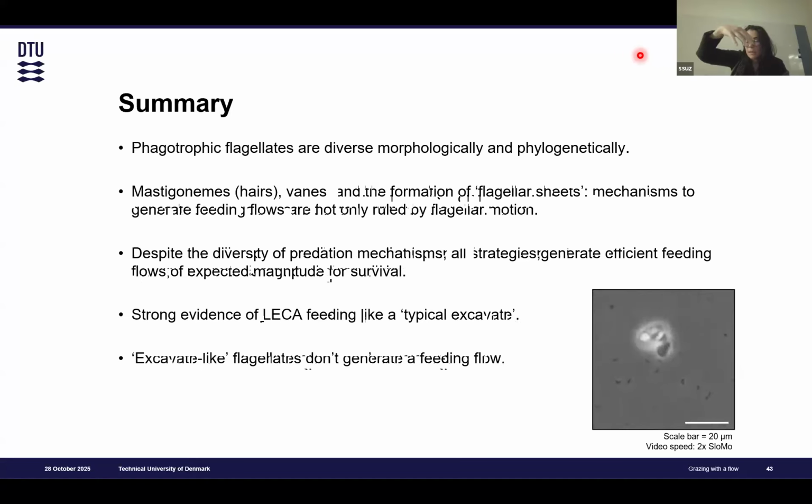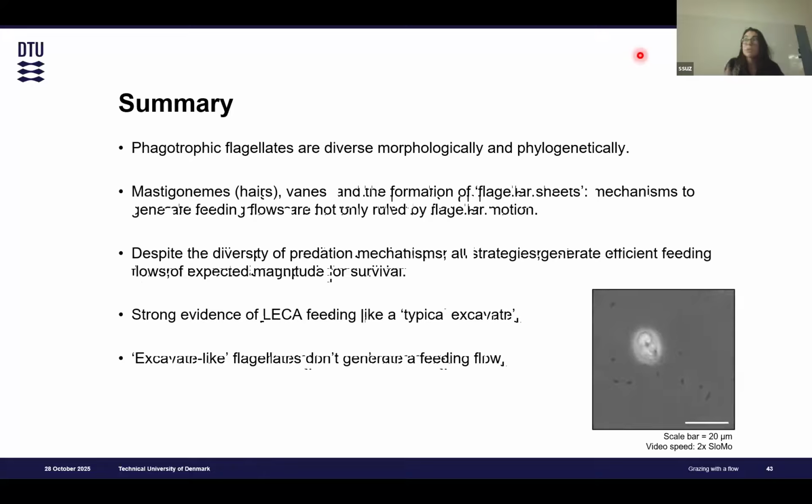In that moment, if it was ingested, then phagocytosis would occur. But if not, it would just return to its original position. So this change of configuration from capture to just generating feeding flow would occur, and then the particle would be embedded again into this feeding flow, and it would be rejected.